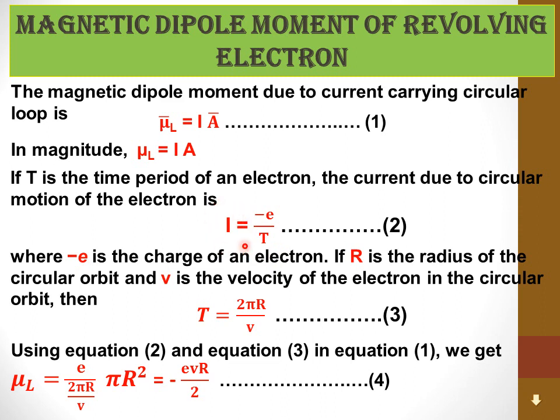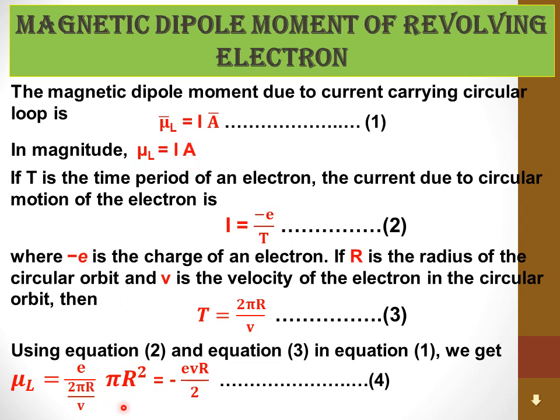So if you substitute the value of I in equation number 1, that means minus e divided by 2 pi R by v, into pi R square, because A equals pi R square. While substituting all this, you can cancel this R and this R square, then this pi and this pi. Remember, pi R square is substituted instead of A.